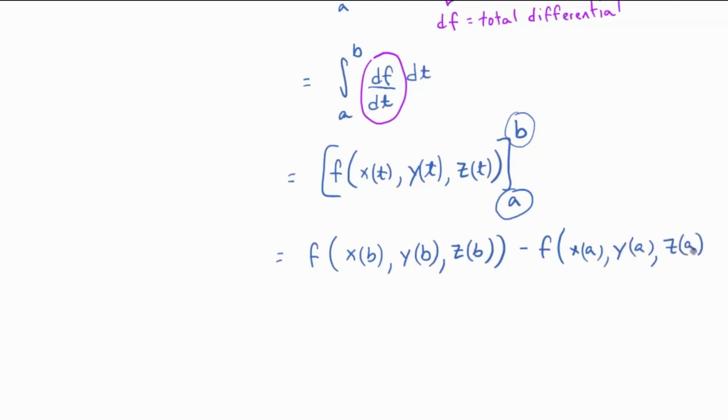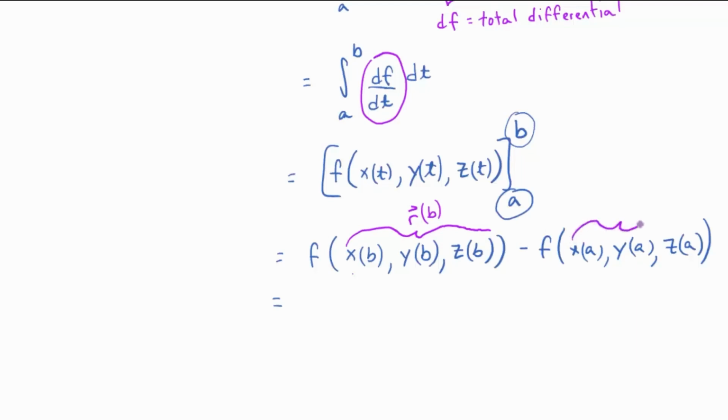minus f of, plug in the lower limit, f of x of a, y of a, z of a. To make it look even more like the original fundamental theorem, you can remember that if r of t is your parameterization for your curve, then x of b, y of b, z of b is really just r evaluated at b, the point generated when you plug b into your r of t, your vector valued function.